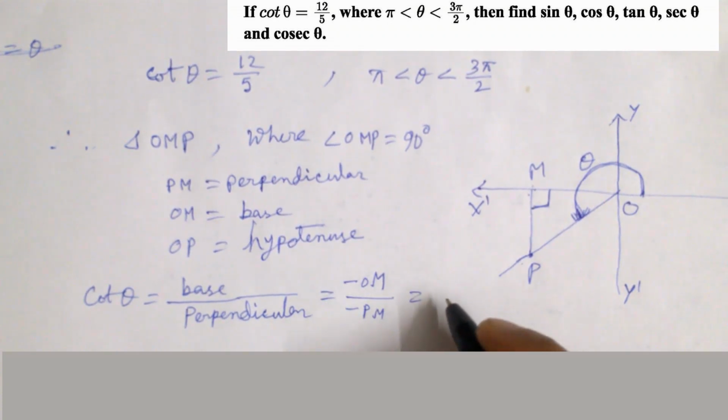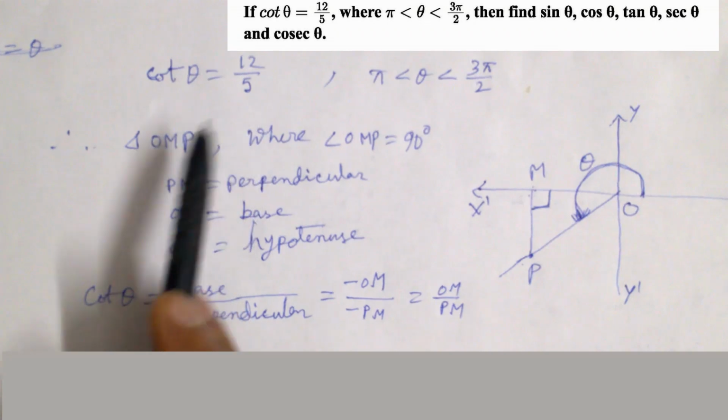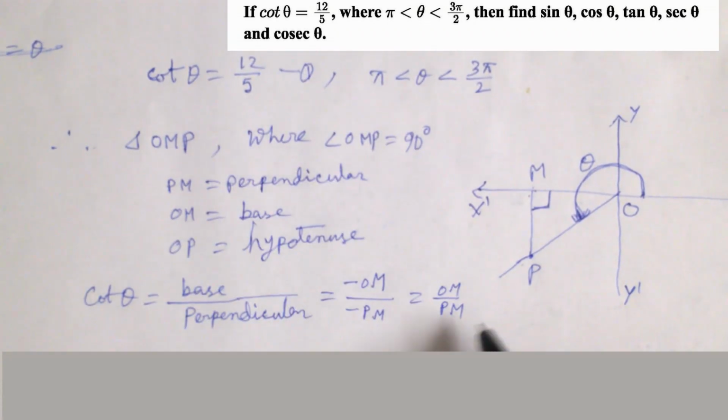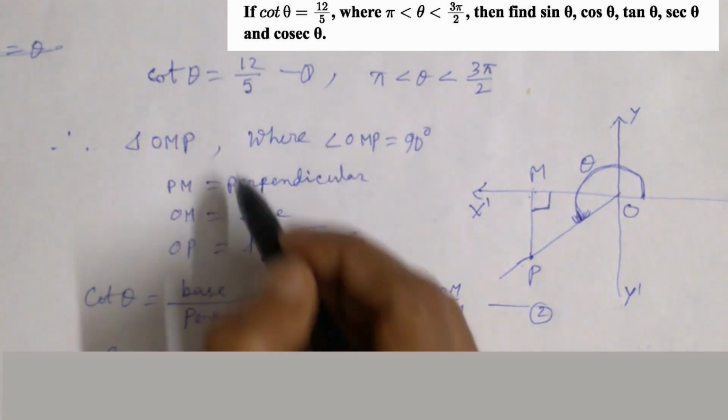Negative is cancelled out, giving OM by PM. Let us name these 1 and 2. So from 1 and 2, OM by PM is equal to 12 by 5.